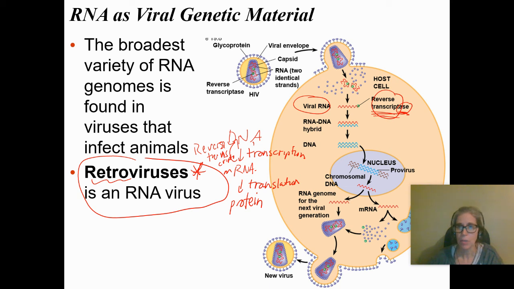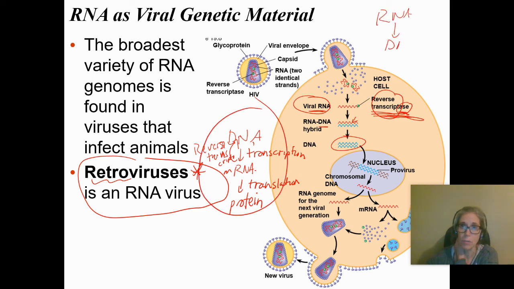So there's this enzyme called reverse transcriptase, and that will change the viral RNA to DNA, and then the RNA will get destroyed, and then DNA polymerase can make this double-stranded DNA. So it flows backwards. You don't go DNA to RNA like we always do. Instead, you go RNA to DNA, and then DNA to RNA, and then RNA to protein.